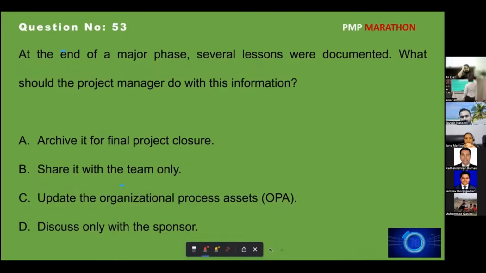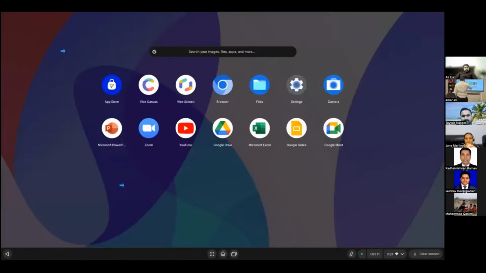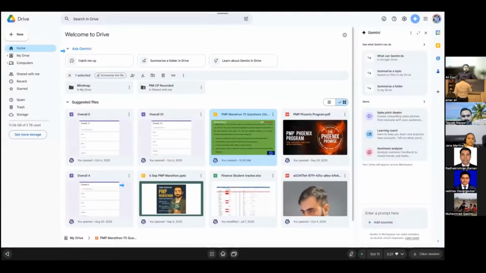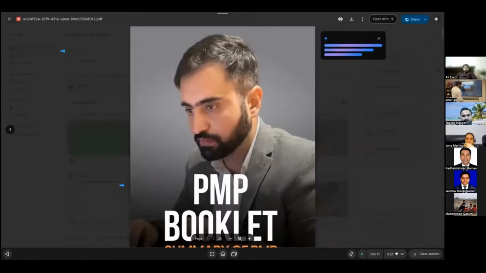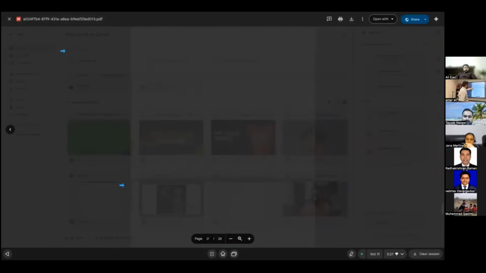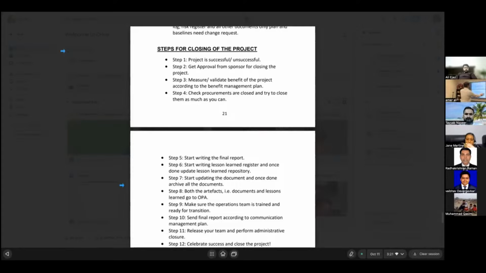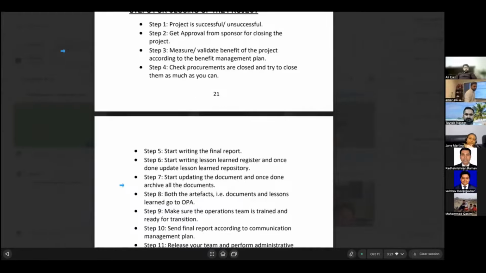Let me show you. This is the PMP booklet, only 24 pages. This is the entire PMP. Buy it on my website. Read the closing clauses quickly, everyone. If you are my student, you will get it.